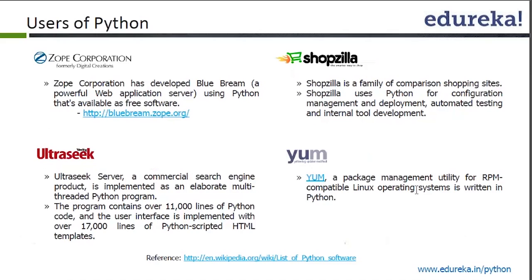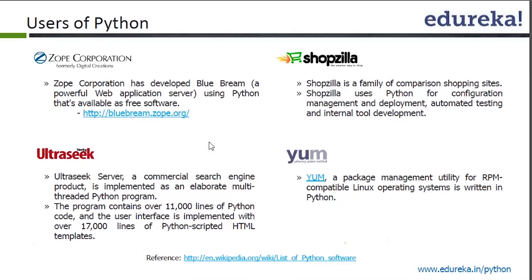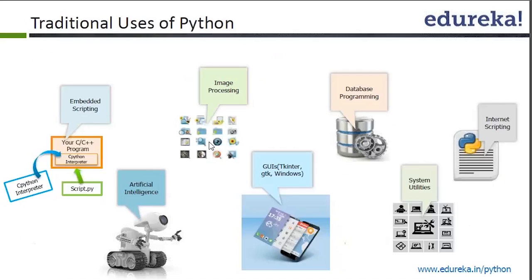And as I told you, Amazon Web Services, Yum, Shopzilla, Zope Corporation, Ultraseek, they all use Python. Some of these are purely based on Python. If you look at big data products like Hortonworks and Amazon Web Services, they're purely written in Python. So you can imagine how much scope you have in Python and what the power of Python is.